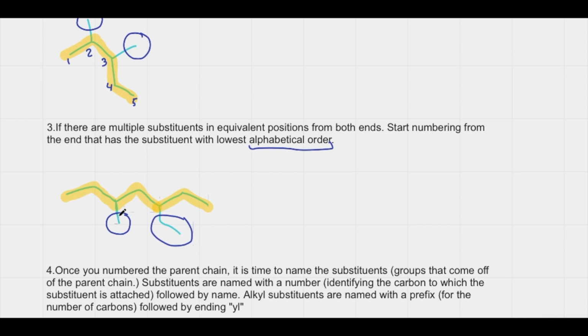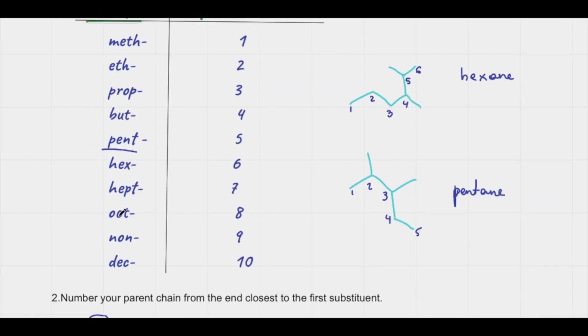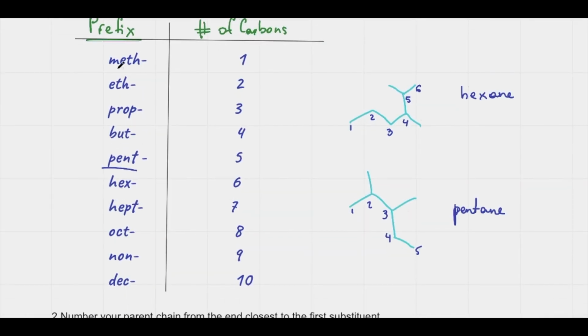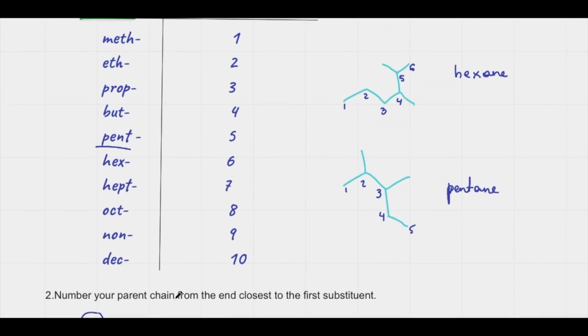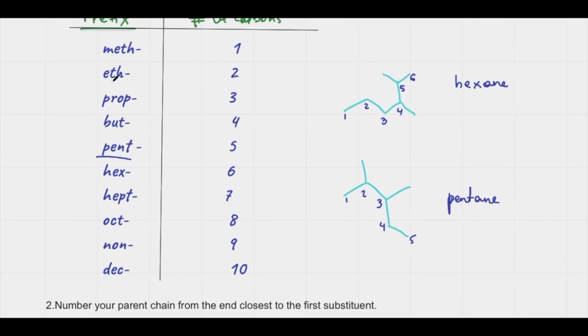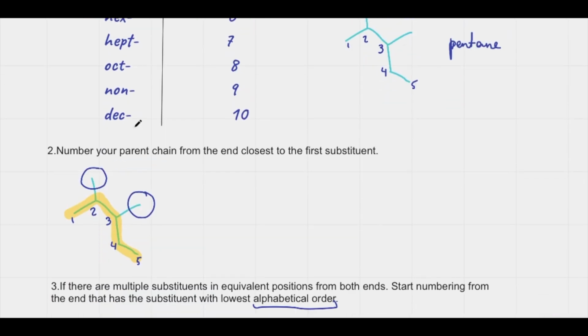It's 1 carbon. So if we go to our prefixes, 1 carbon has a prefix of meth. And the second group has 2 carbons, 1, 2. And 2 carbons have a prefix of eth. So who is going first alphabetically, M or E? E goes first, so it is the winner.